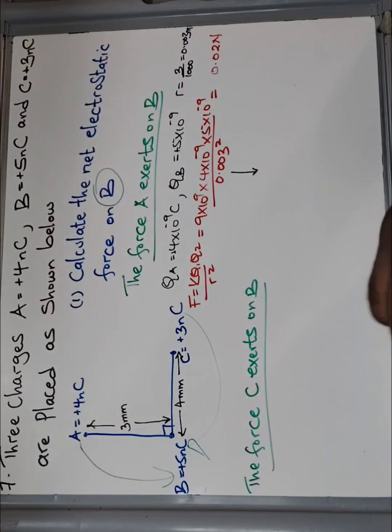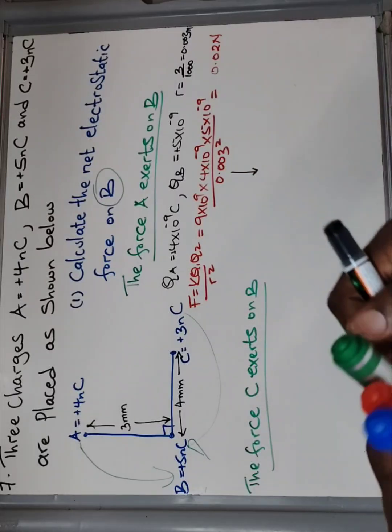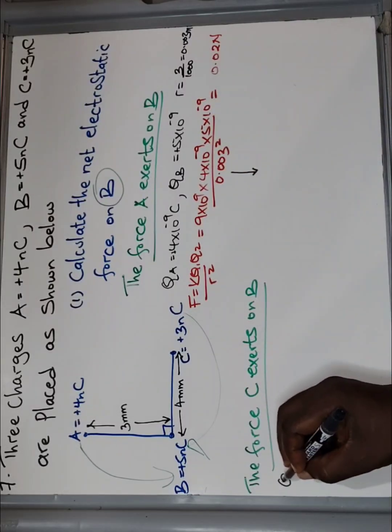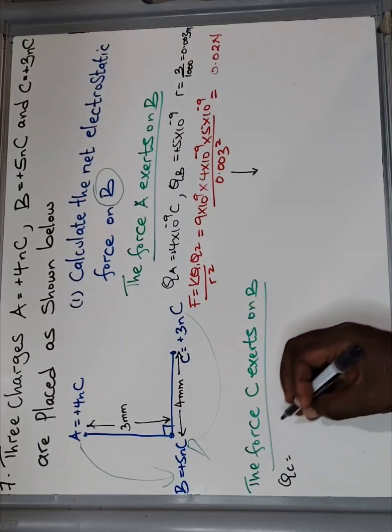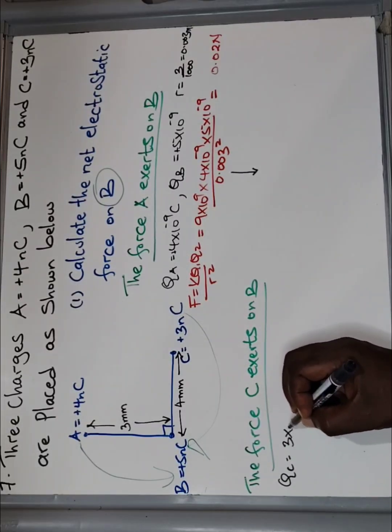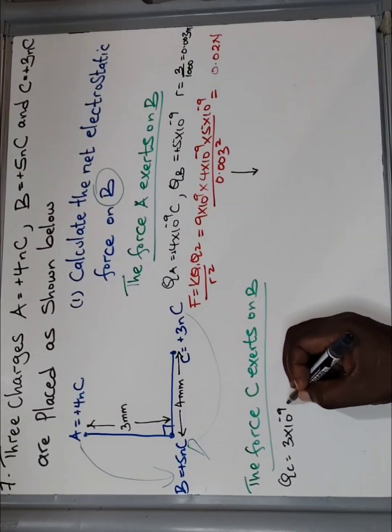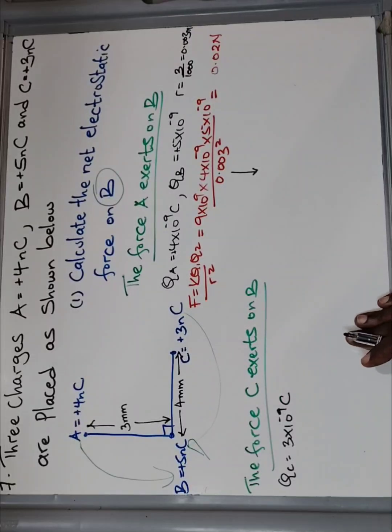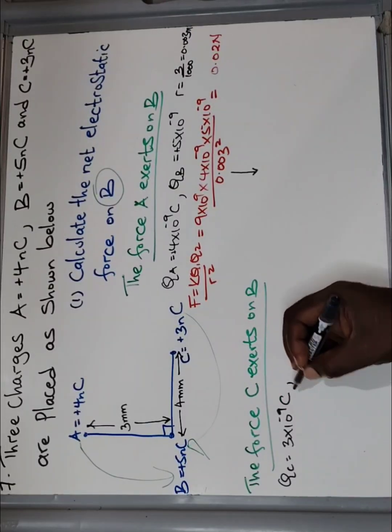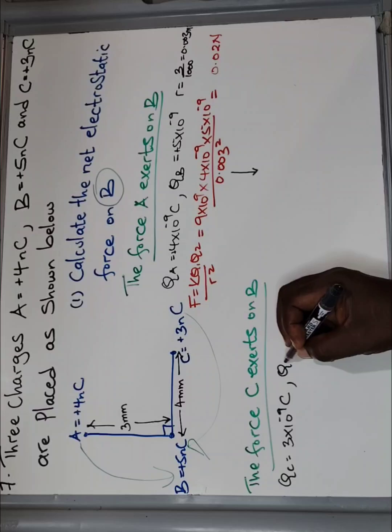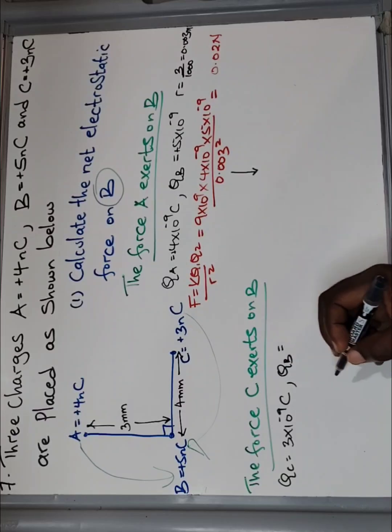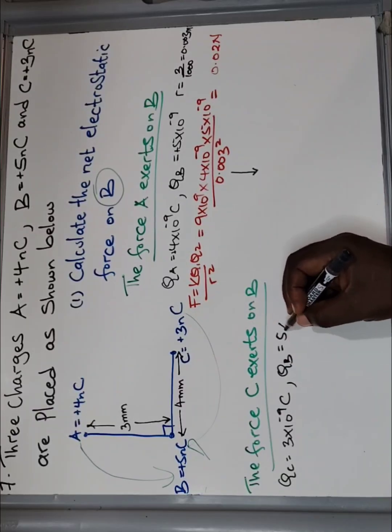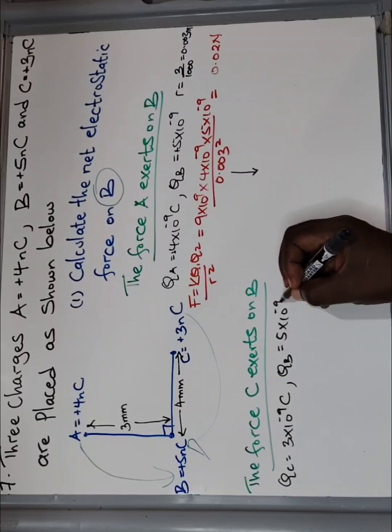And what information do we have about that? You have QC, which is 3 times 10 power minus 9 coulomb. And you have QB, which is 5 times 10 power minus 9 coulomb.